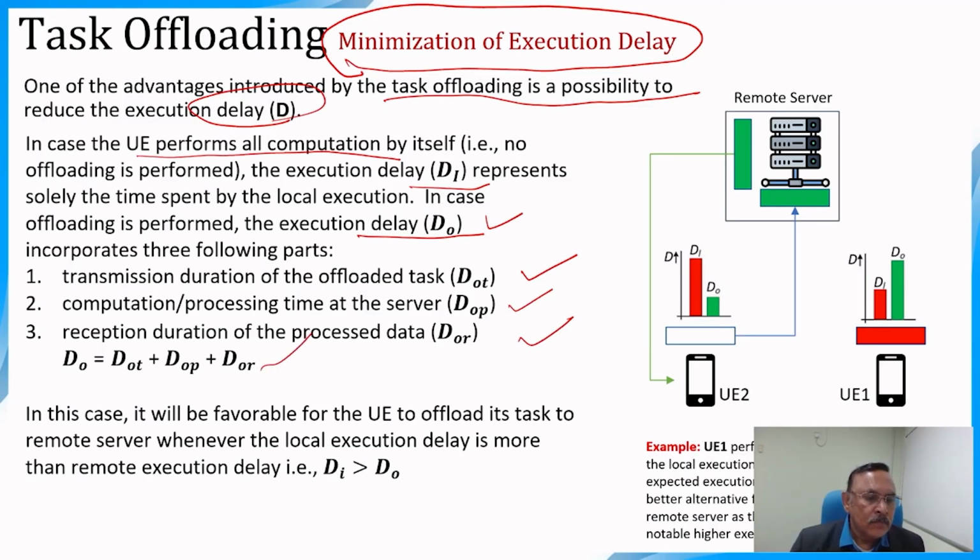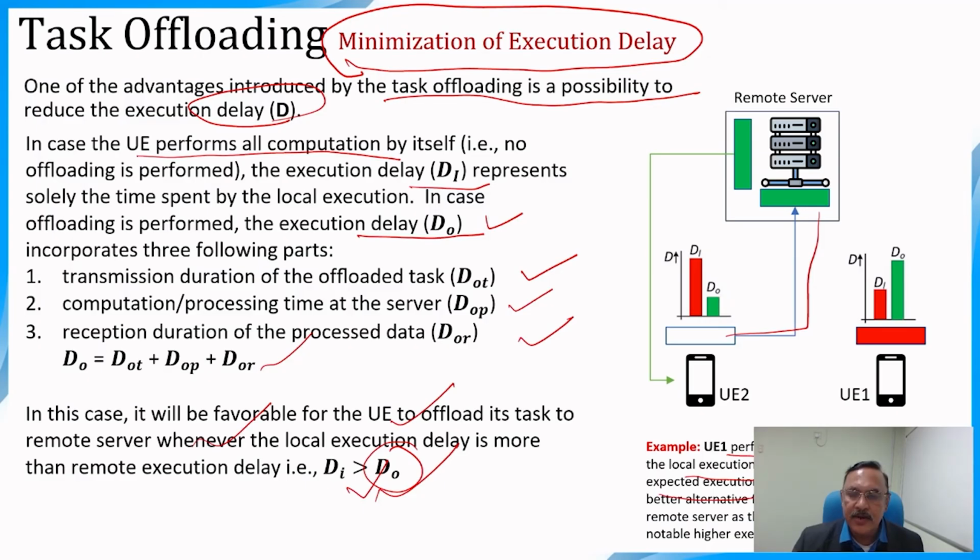It will be favorable for the user equipment to offload its task to the remote server whenever the offloading delay is less than the internal delay. If the internal delay is more, it will offload in this case. You can see that this will offload to the remote server. Here, the user equipment performs everything locally, since the local execution delay is significantly lower than expected.